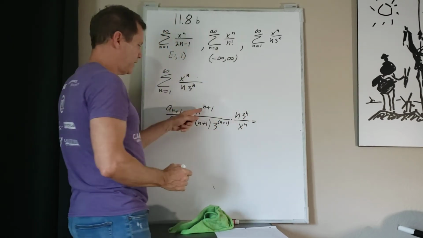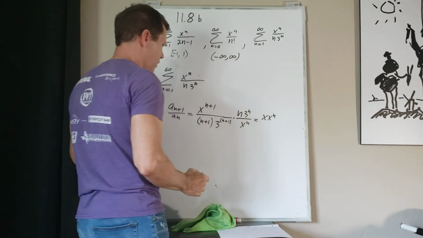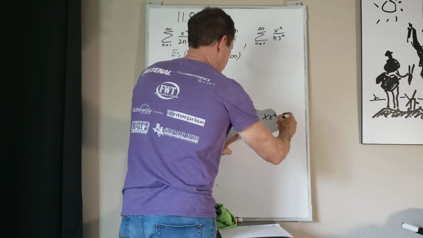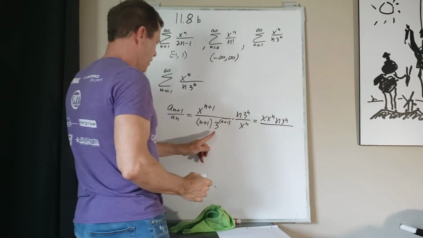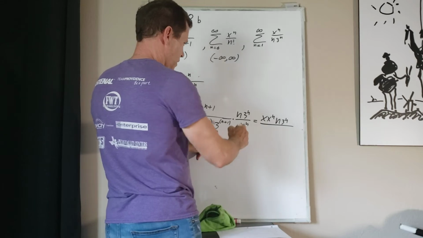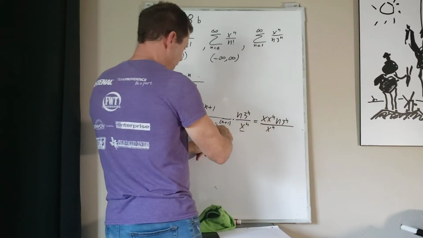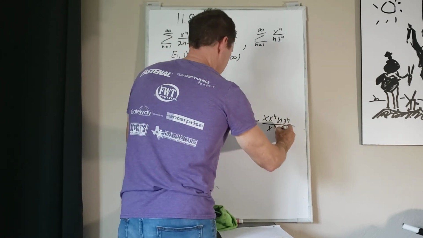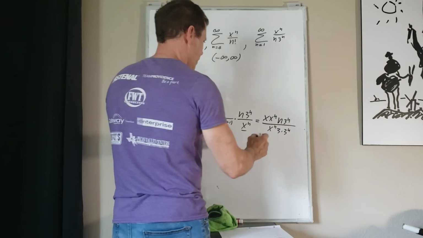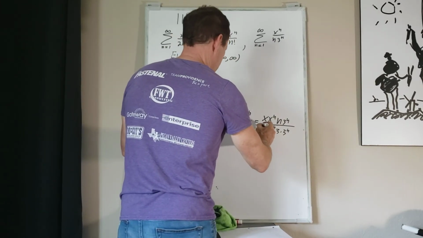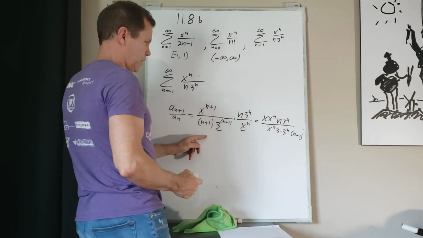Let's clean it up. That's going to turn into x times x to the n. On top, this is going to be n 3 to the n. Bottom, I got an x to the n here, taking care of that guy. That's going to be 3 times 3 to the n. Take care of that one. And then I'm just going to have an n plus 1. Okay, let's look.